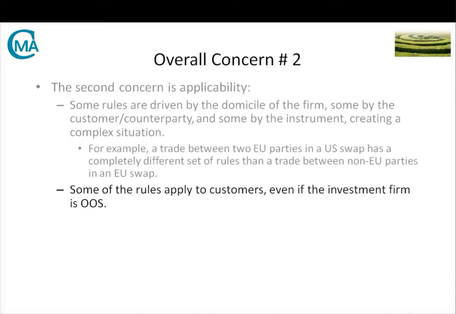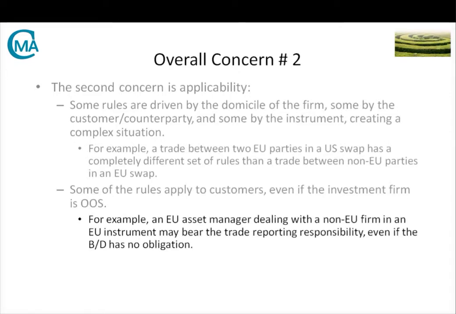And it's not really helpful if one of the participants in a transaction is outside the EU, because some of the rules will apply even if one of the firms, let's say the investment firm, is outside. So here's an example of this sort of thing. An EU asset manager does a transaction with a non-EU firm in an instrument that's listed or traded in the European Union.